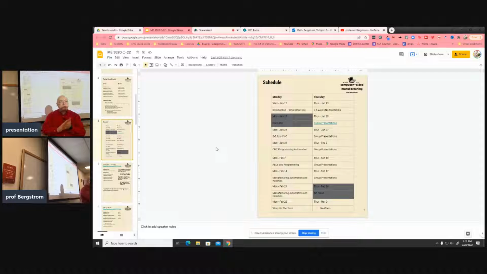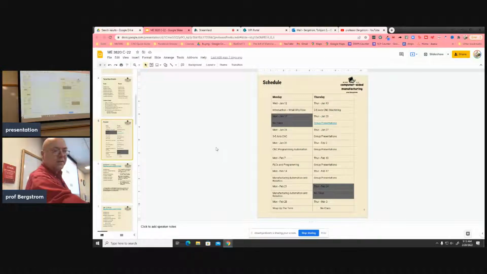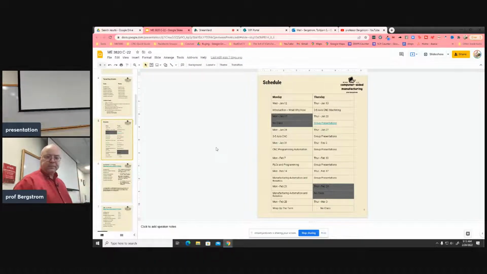Anybody know what a programmable logic controller is? You know what it is? What is it? It's like an industrial computer that's programmed with ladder logic, and it uses sensors, actuates motors, various factory automation. Yeah.